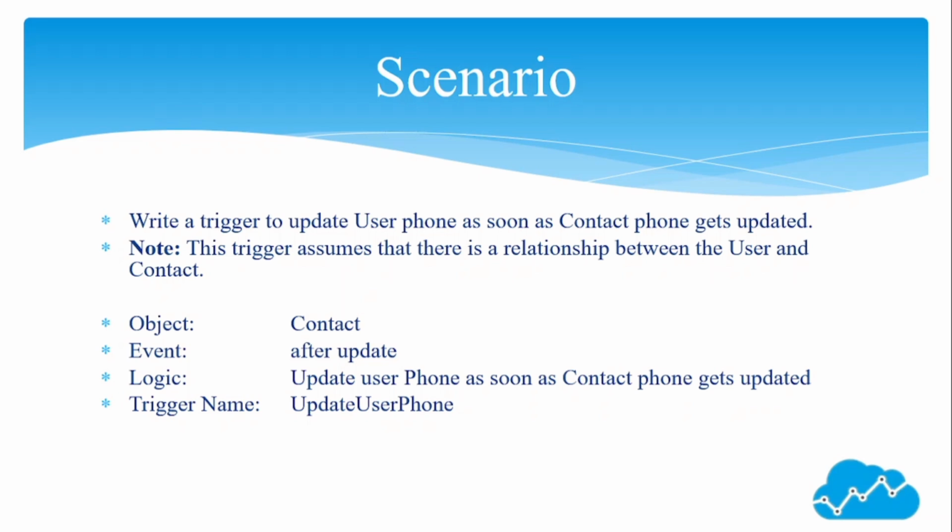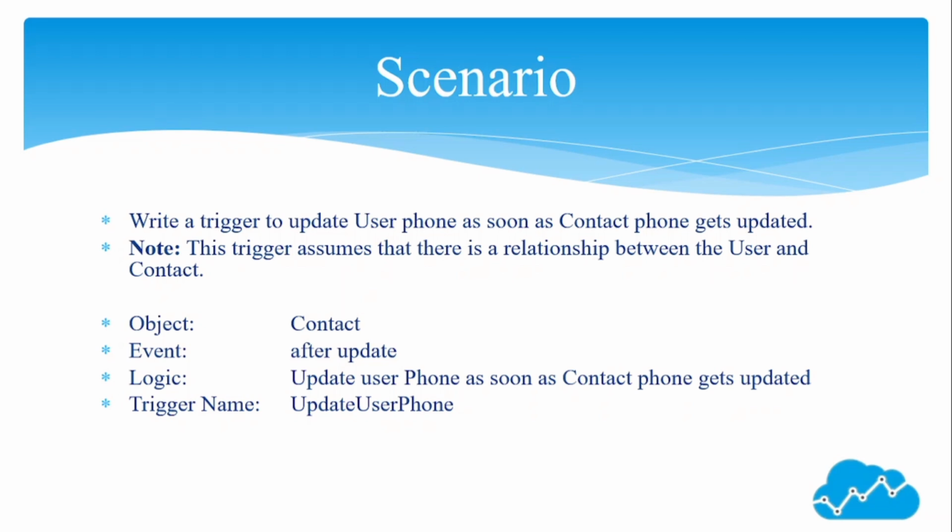So in this series, we are going to see the next trigger scenario. Here we have to write a trigger to update the user phone as soon as the contact phone gets updated. Whenever the contact phone is getting updated, the user's phone is also getting modified.